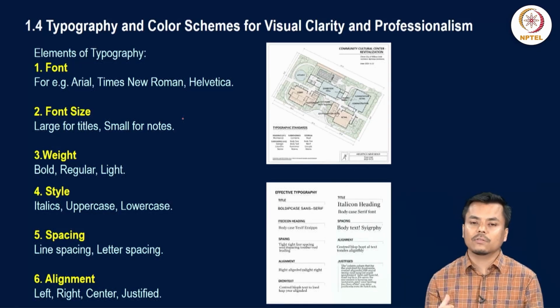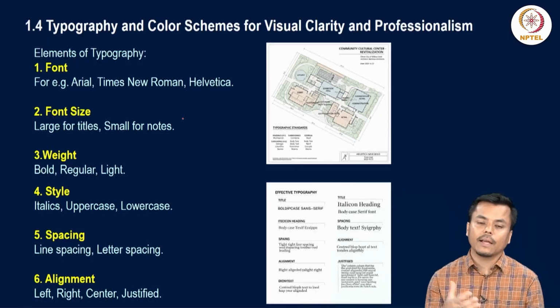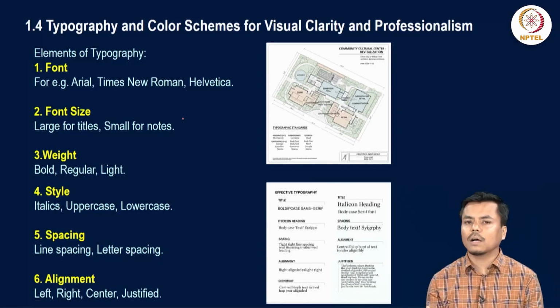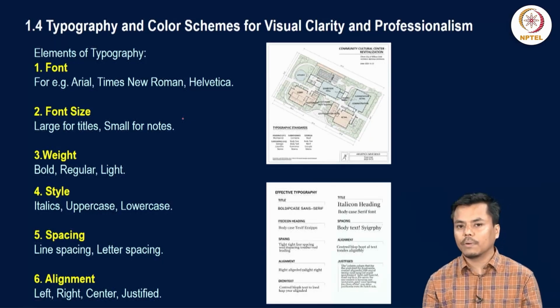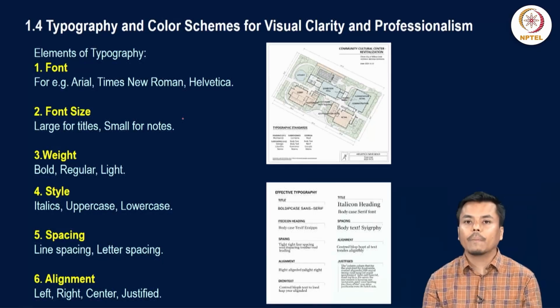The decision is completely based on how you want to communicate the drawings and the information about the project to the examiner. It completely depends on each person's taste, but these elements of typography have to be well thought out before you finalize the sheets for printing.